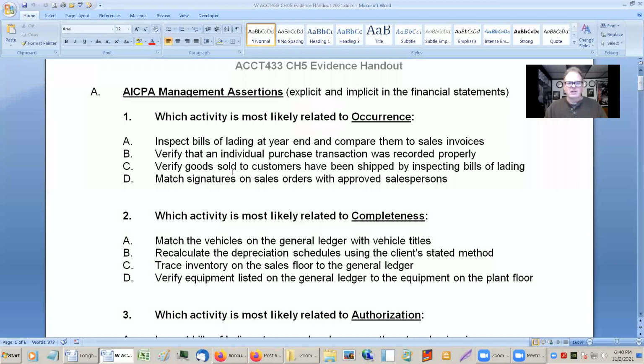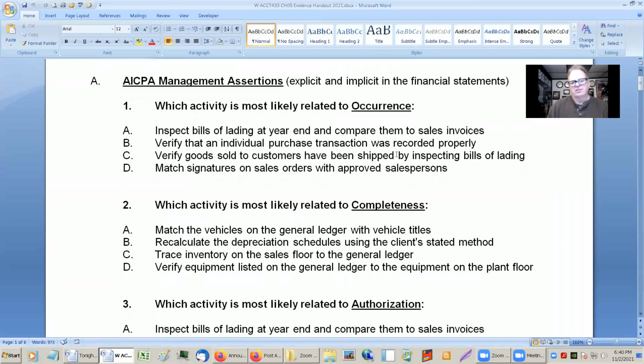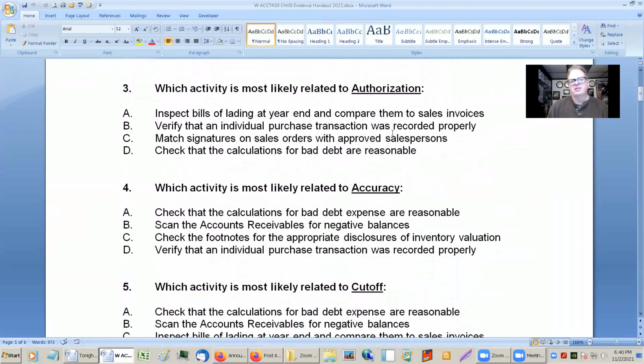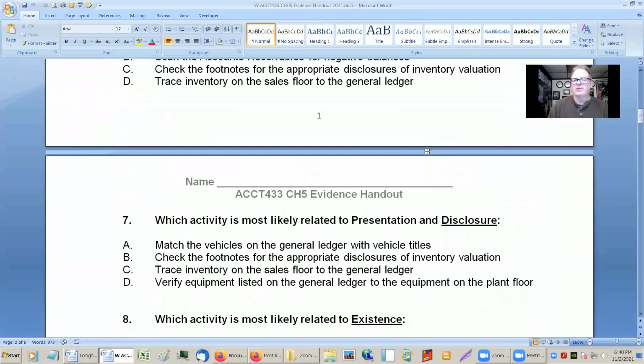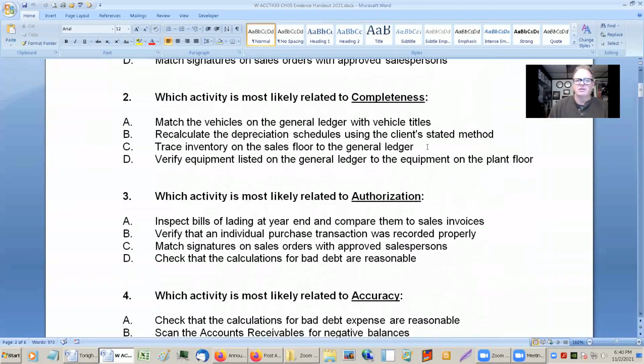It is possible that more than one assertion is hit at a time, but for the most part, they lay these out so that they are usually one of them. Okay. So these are the assertions: occurrence, completeness, authorization, accuracy, cutoff, and so on. You guys can probably read them just like I can, but probably better.